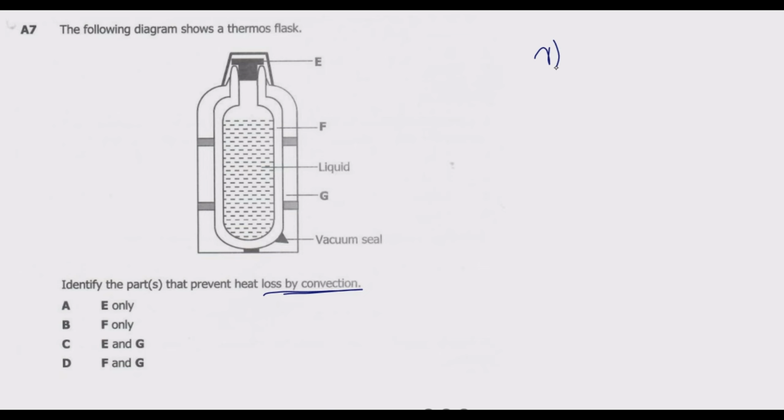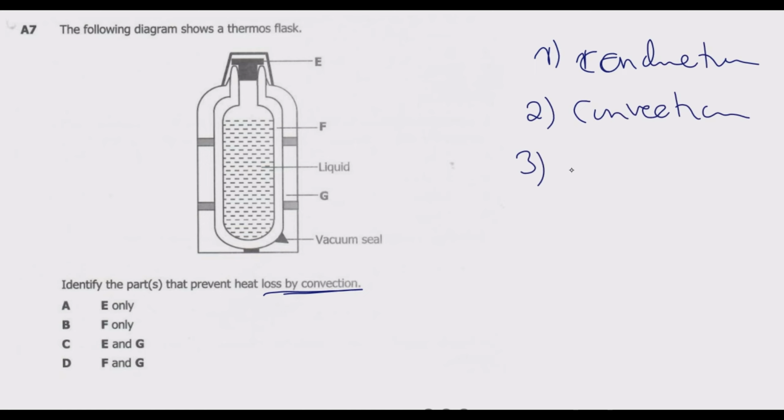The first one is conduction. Then we have convection, which we are being asked about. Then number 3, we have radiation. Once you know these three, it's much easier to answer this question.